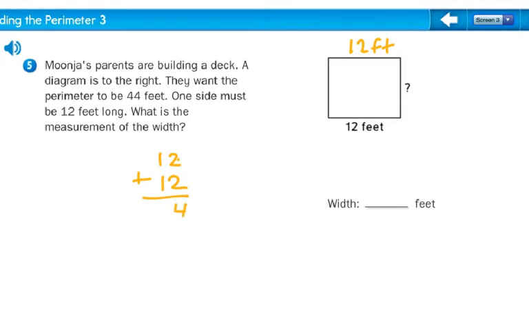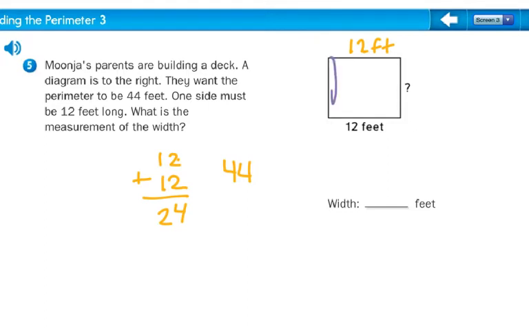2 plus 2 is 4. 1 plus 1 is 2. So we know that two sides are 24 feet. We know that the parents want this to be a total of 44.